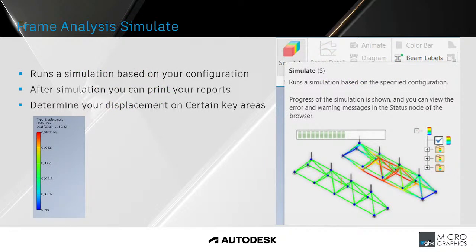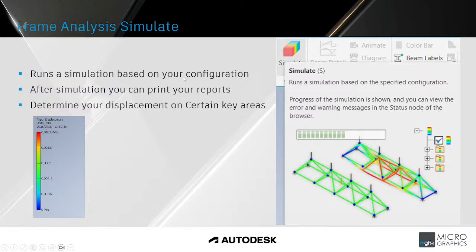So with frame analysis, it runs a simulation based on the specified configuration. Progress of the simulation is shown, and you can view the error and warning messages in the status node of the browser.